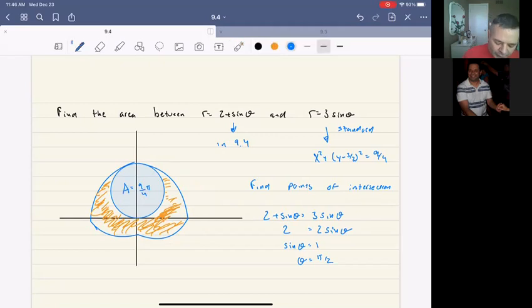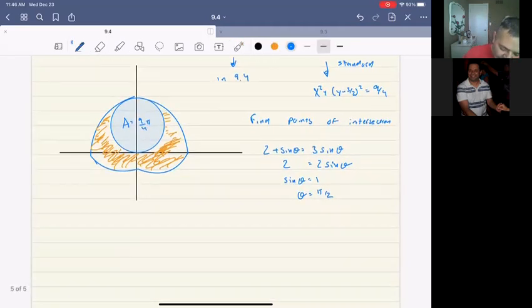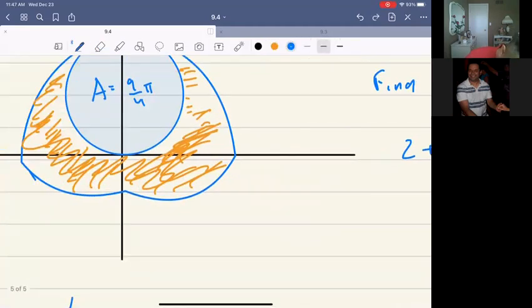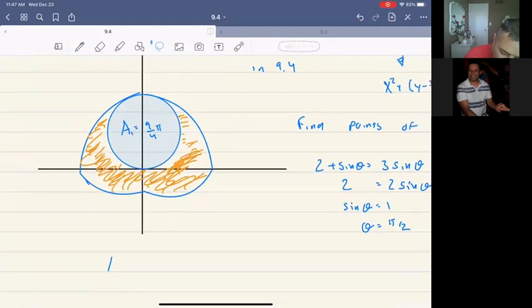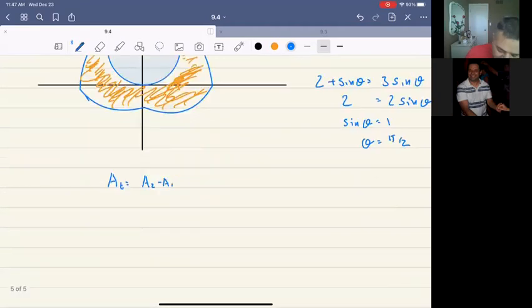So let's call this A1. Let's call that A. And our A total is going to be A2 minus A1, where A2 is going to be 1/2 the integral from 0 to 2 pi.